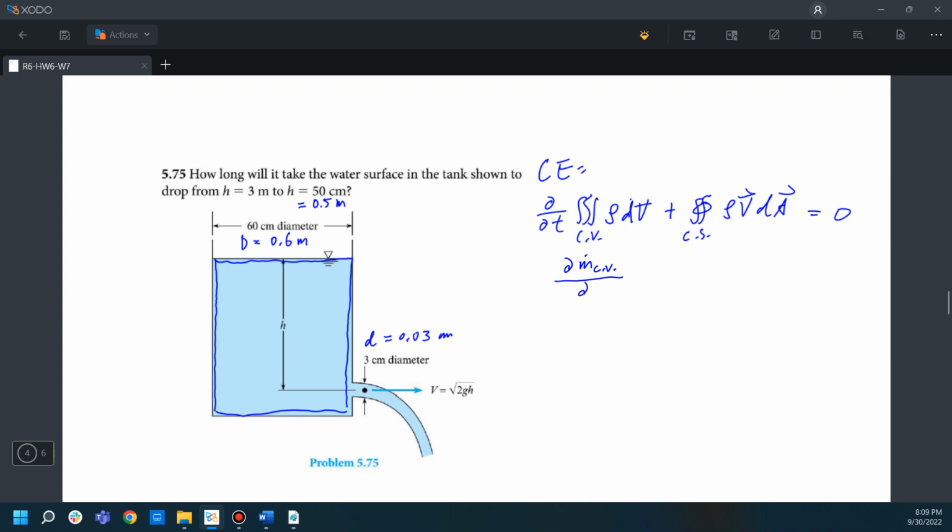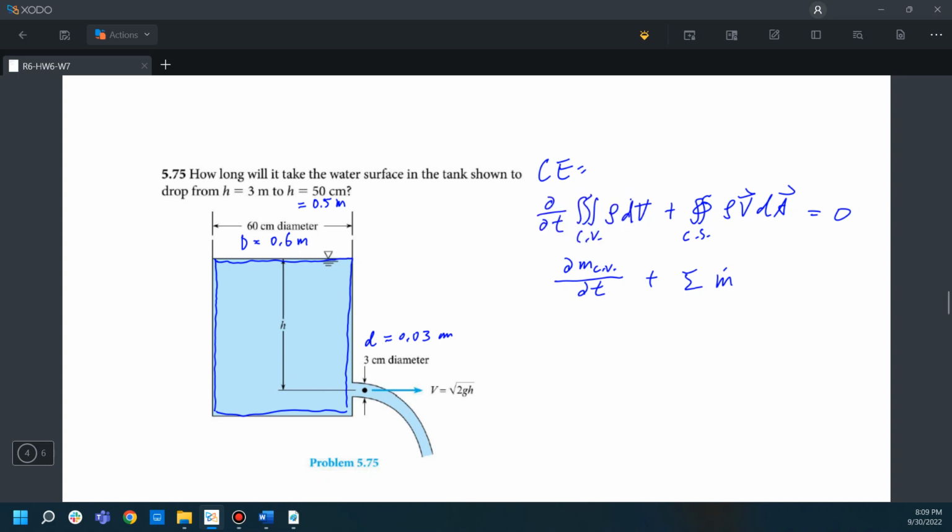divided by partial t, plus this is the control surface, right? So it's the outflow minus the inflow that we keep using in our previous questions. So this can be the summation of the flow rate that goes in and out of these outlets.